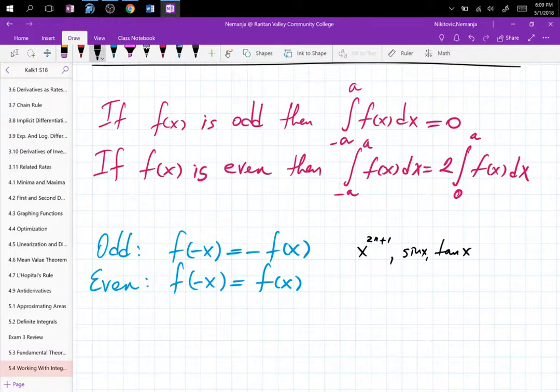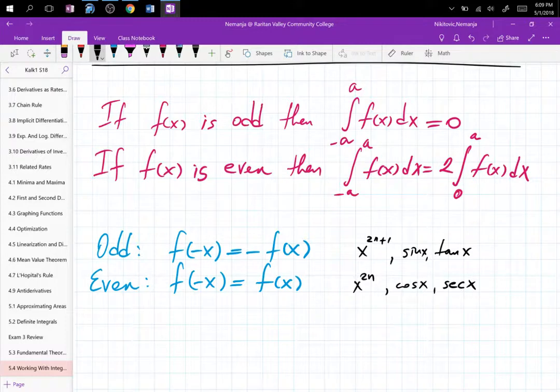Also cotangent is odd and cosecant is odd. Now for even functions, you're generally looking at the even exponents and then cosine x and then secant x. Those are the even functions that we generally run into.